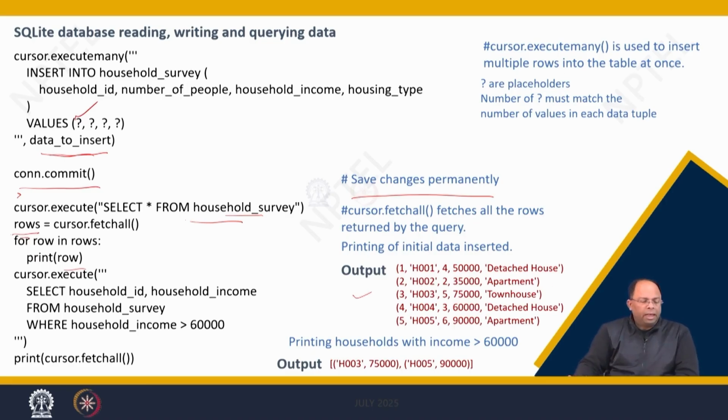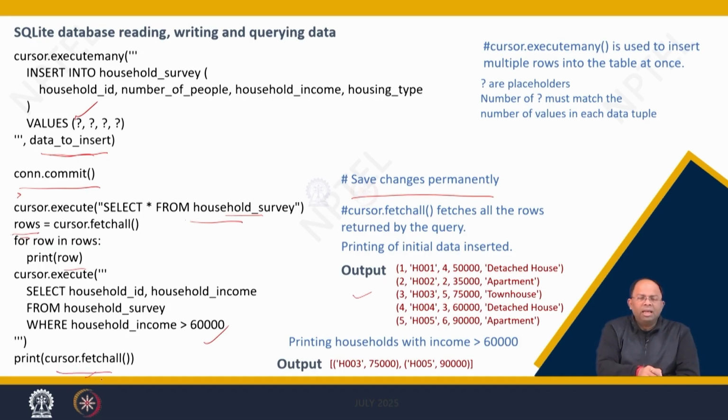And then we can do another cursor.execute command where we are selecting household ID, household income from household survey, where household income is greater than 60,000, right? And again we can print using cursor.fetchAll. In the previous case we stored it in rows, and because there are multiple rows we returned them.